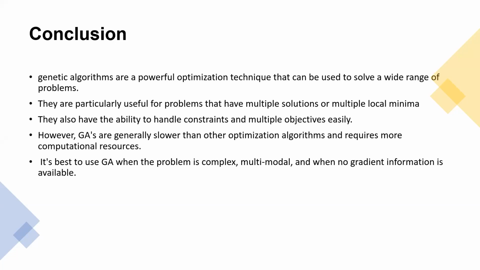I am not here to market genetic algorithms, but to say what happens while you explore them, what things you will face, and how to tackle those things to an extent. It's best to use genetic algorithms when the problem is complex, multimodal, and when no gradient information is readily available. Or else, if there is gradient information, there are different kinds of algorithms that can be readily used rather than genetic algorithms.